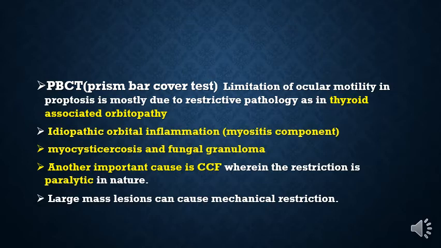And the other causes which cause limitation of ocular motility are idiopathic orbital inflammation with myositis component, myocysticercosis and fungal granuloma. Another important cause is the carotico-cavernous fistula, wherein the restriction is paralytic in nature. Large mass lesions can cause mechanical restriction.